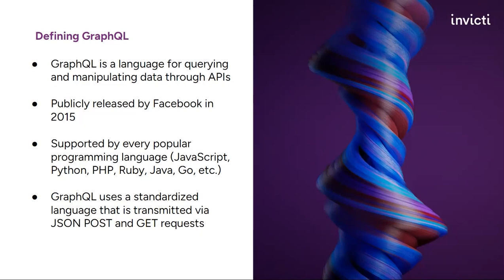Before that, they used it in some internal applications, and I think they also used it for their mobile app in some capacity. The support is very great in every major programming language that you may use to develop a web application. And it uses a standardized language that is transmitted via JSON, POST, and GET requests.